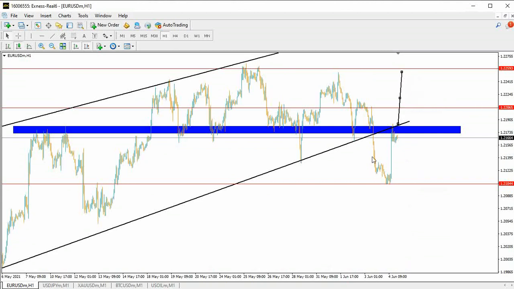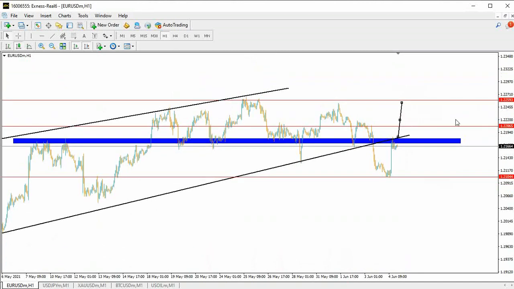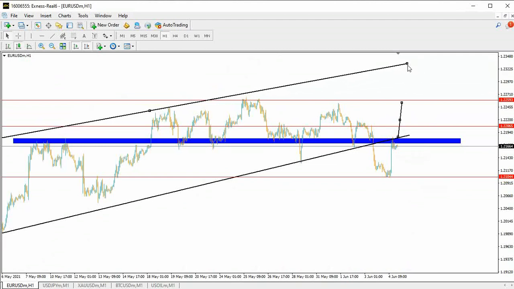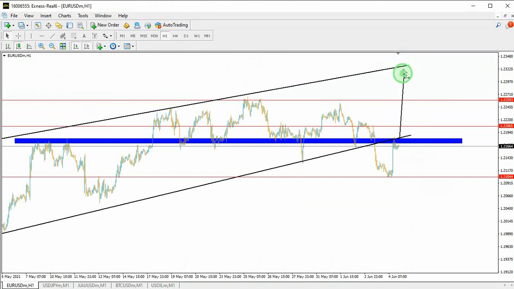So if it does happen that price makes its way back above our support trend line, we're going to be looking for buy trades until our overall resistance trend line, before we look for sell trades.